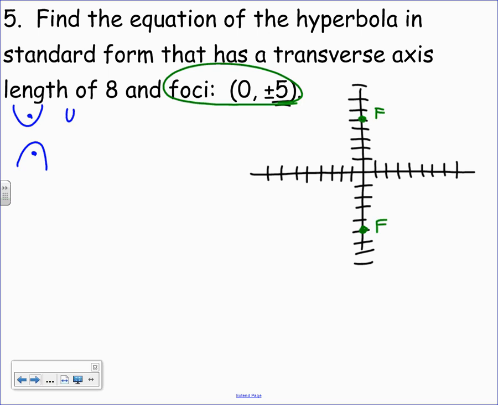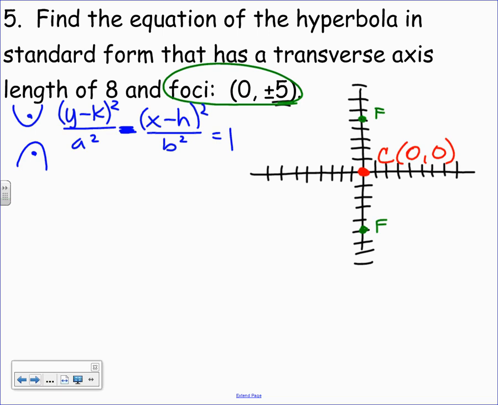So I should have something like y minus k squared over a squared minus x minus h squared over b squared equals 1. The other thing I should notice is that halfway between these 2 points is my center. That's my center. It's 0, 0. And I should also know that my c value is equal to 5.